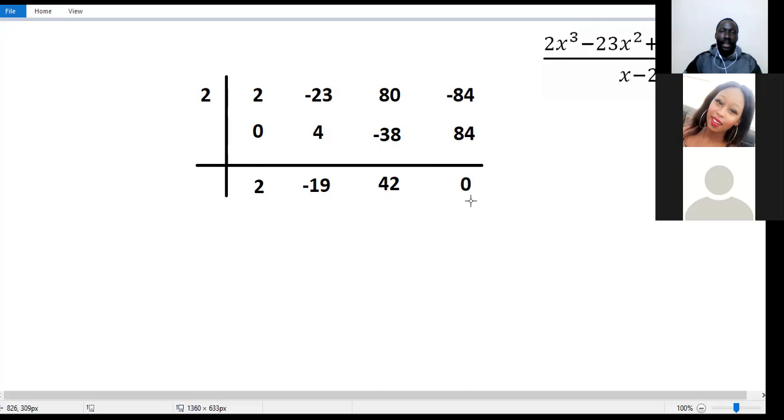Now, what we have got here is that when this expression is divided by x minus 2, the coefficients will be 2, negative 19 and 42 with a remainder of 0. Okay?